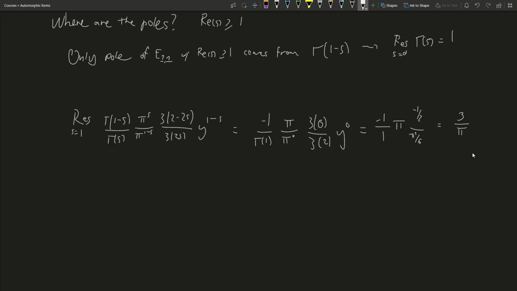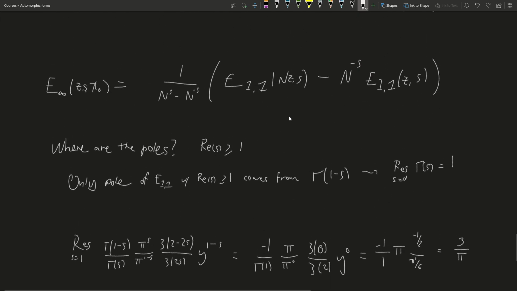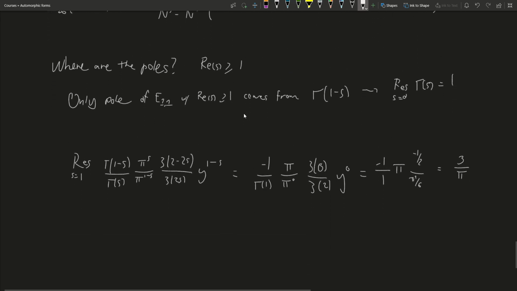Great. So that's the residue of that Eisenstein series, and this is the residue of the level 1 Eisenstein series, which is useful to know. So now let's use this formula.